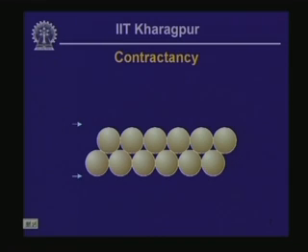If we were to begin with an originally dense assembly of spheres, then we would have gotten dilatancy as we had in case of the rock specimen, the thought experiment of the rock specimen that I showed a little while ago. Okay.